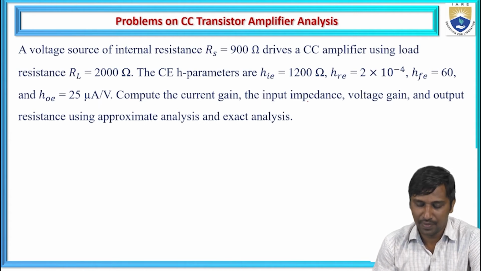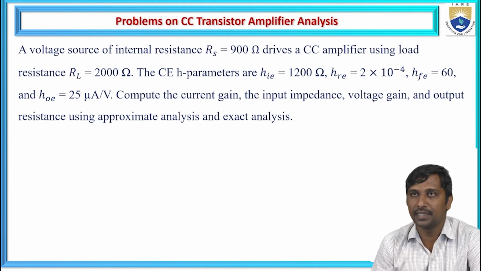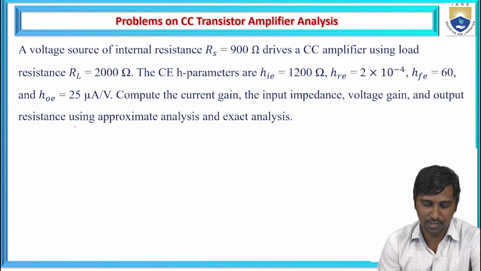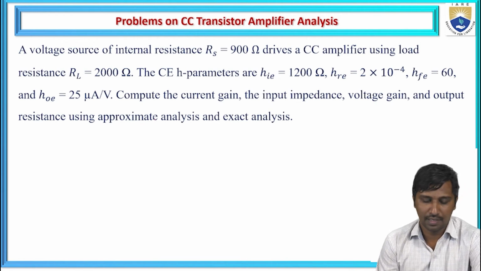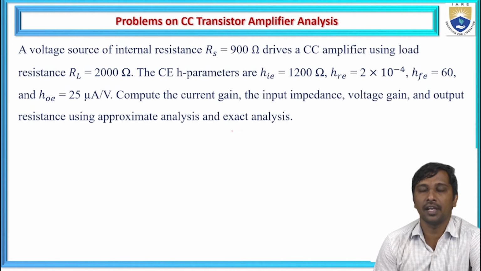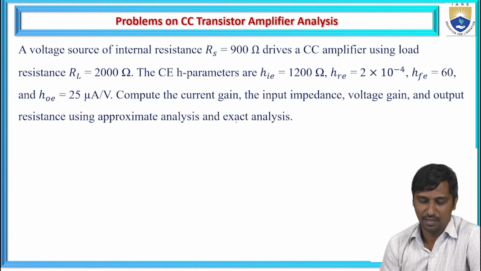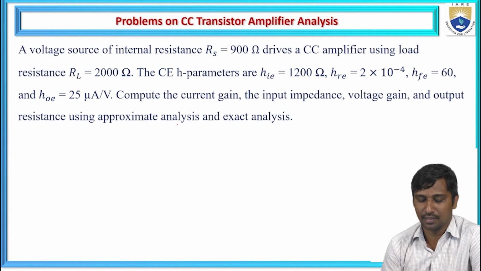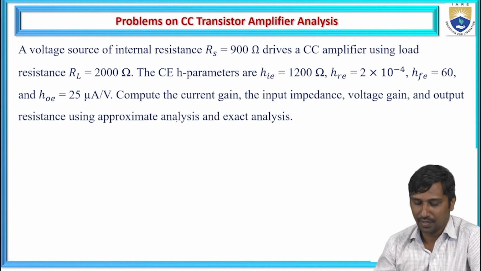Compute the current gain, input impedance, voltage gain and output resistance using approximate analysis as well as the exact analysis. So we need to identify the two analyses here based on the given specifications.